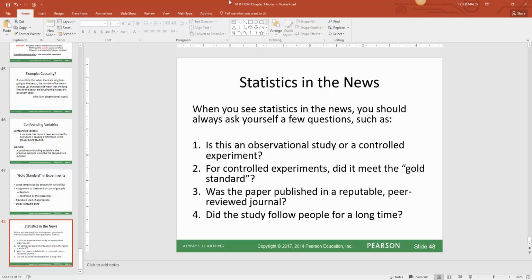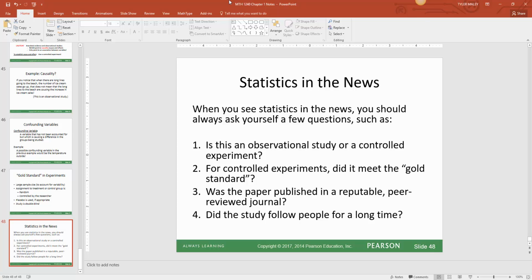A reputable peer-reviewed journal is a journal where not just anyone can submit an article to be published. A peer-reviewed journal is where a group of peers review the work.